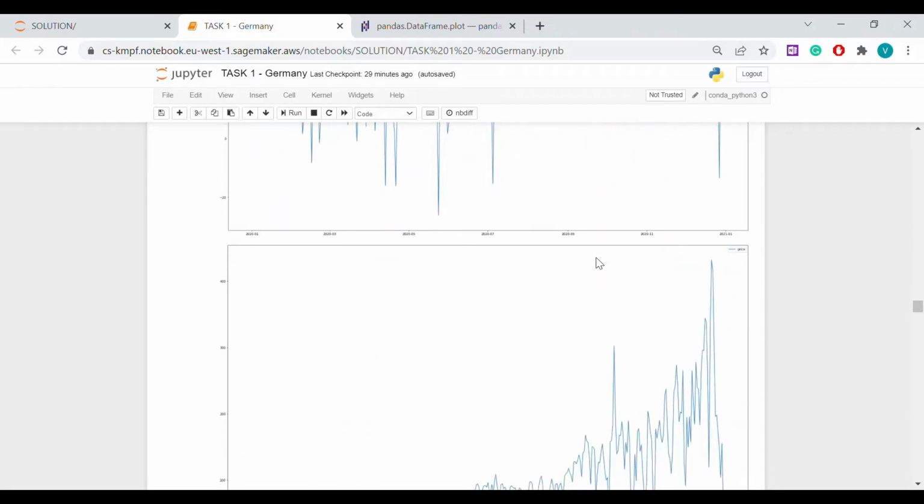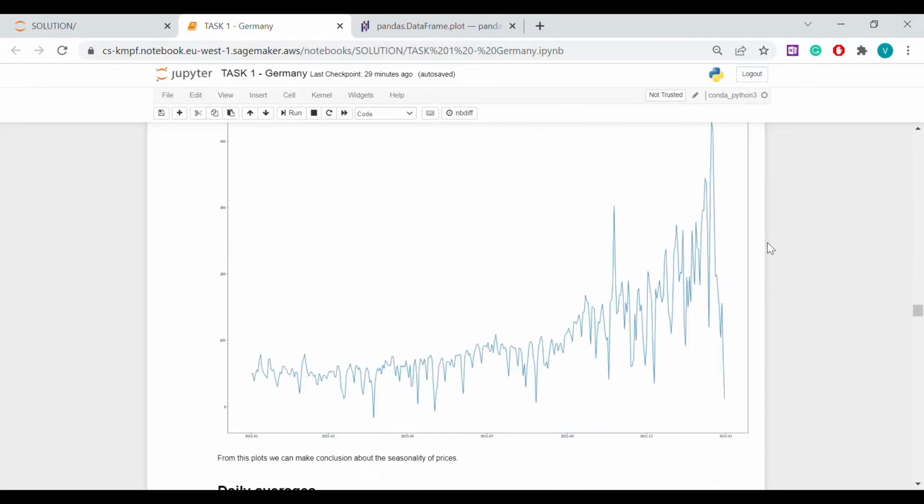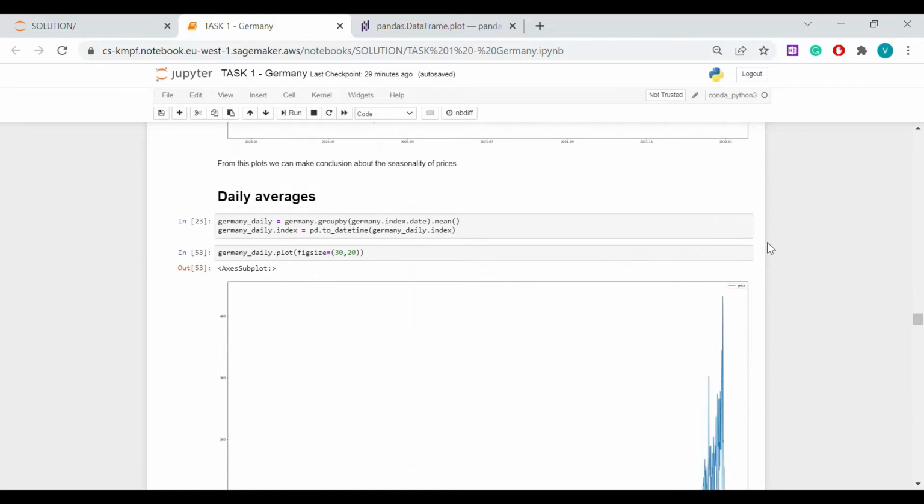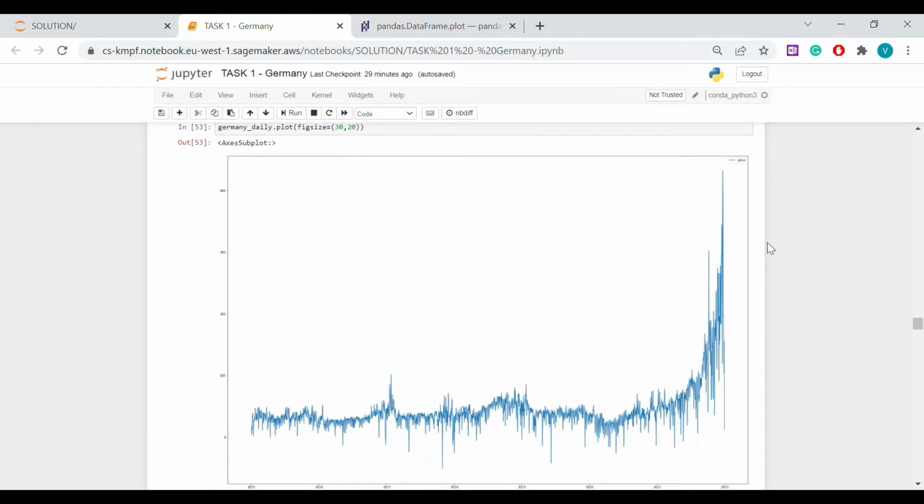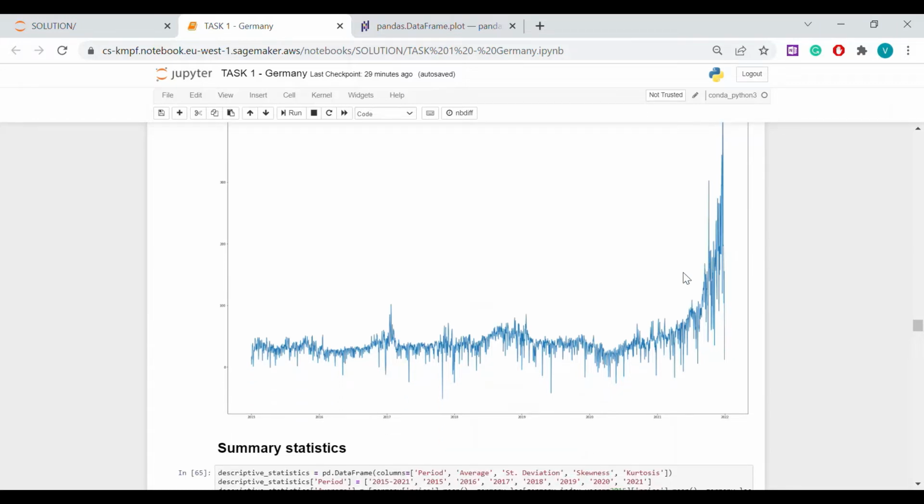And finally, we can also consider the daily averages for the whole time interval we have, from the year 2015 to the year 2021. So our main conclusions are that the German electricity price market allows negative prices, and that we definitely have a seasonality, which is the weekly seasonality.